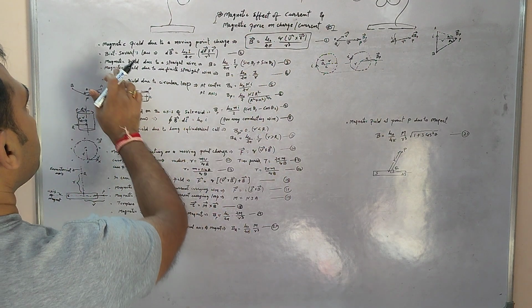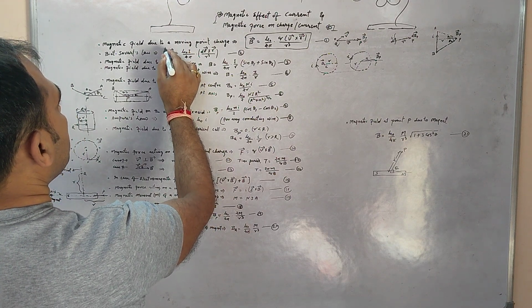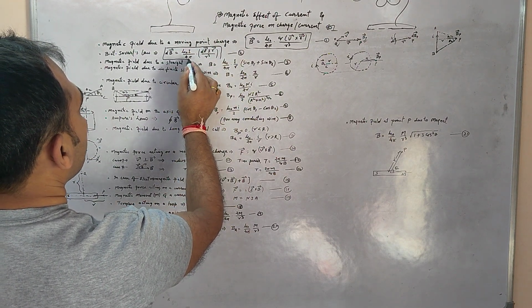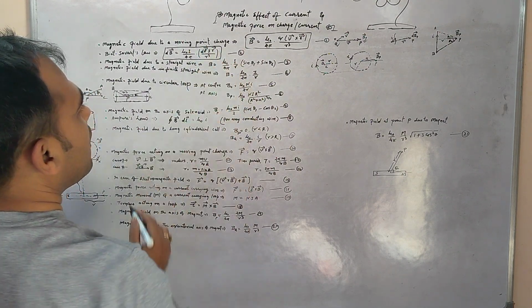Then comes second, Biot-Savart's law, that is magnetic field due to a current carrying wire or conductor.